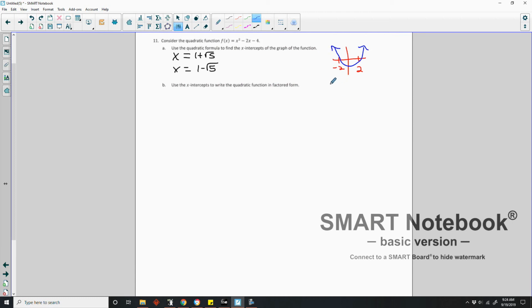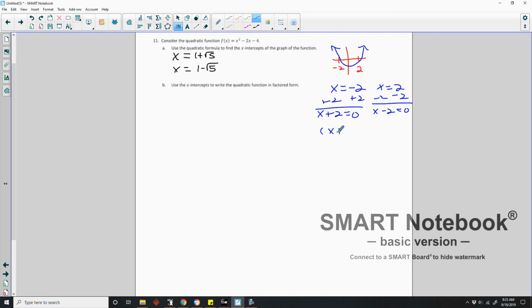Well, then you know that x equals negative 2 and x equals 2. All right, but if you want to set those equal to 0, you would add 2 to this one, and you get x plus 2 equals 0. And you subtract 2 over here, and you get x minus 2 equals 0. So there's your two roots.